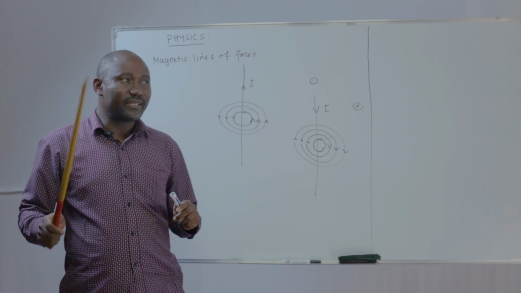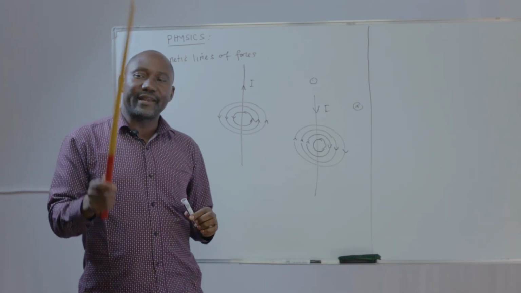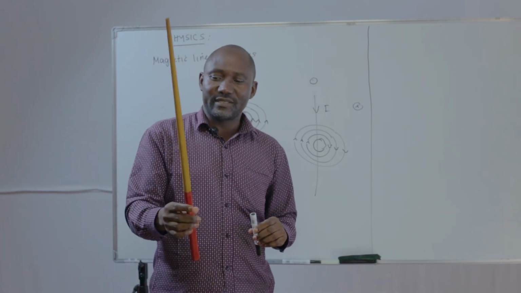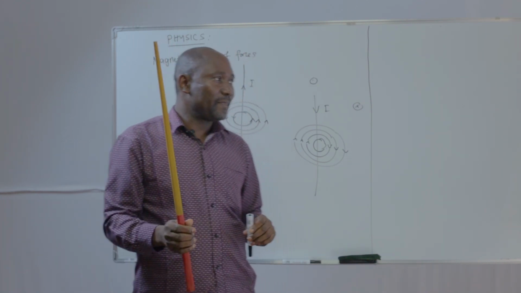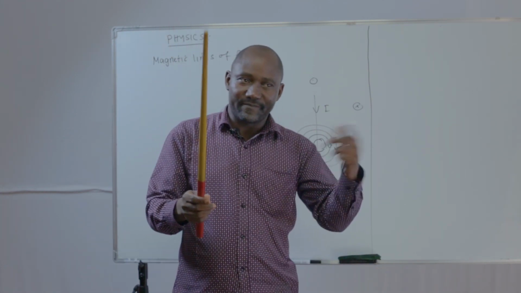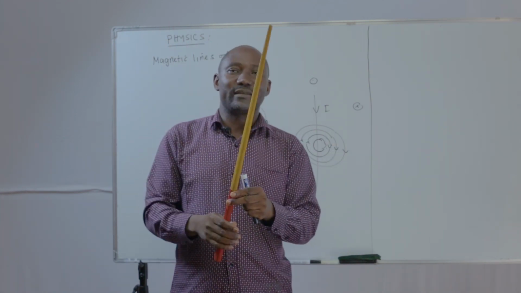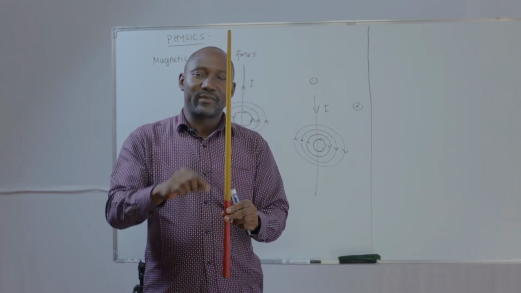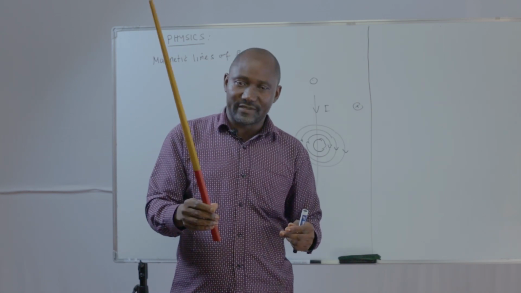So we have seen that when the current flows through a wire, that wire behaves as a magnet. It means it generates a magnetic field. Magnetic field is defined as the region around a magnet or a current-carrying conductor where magnetic forces can be experienced.